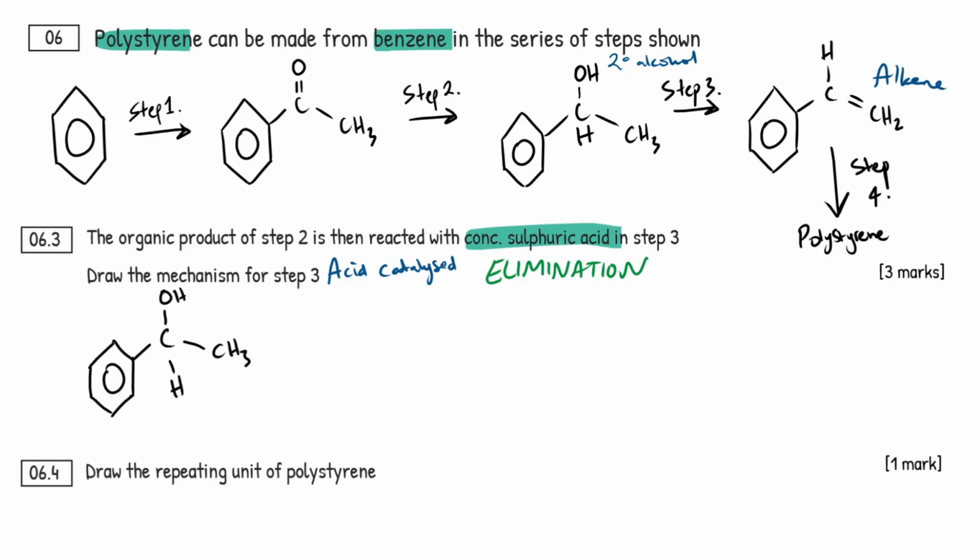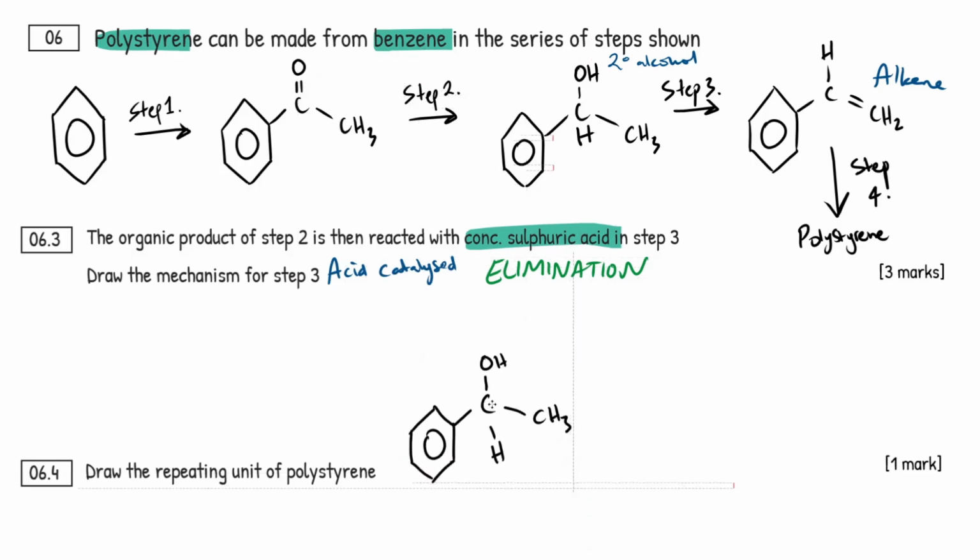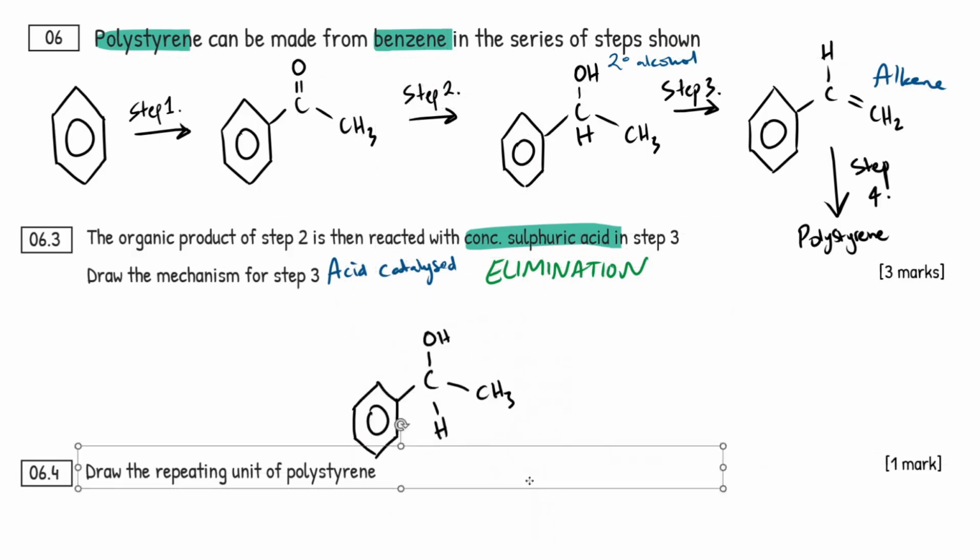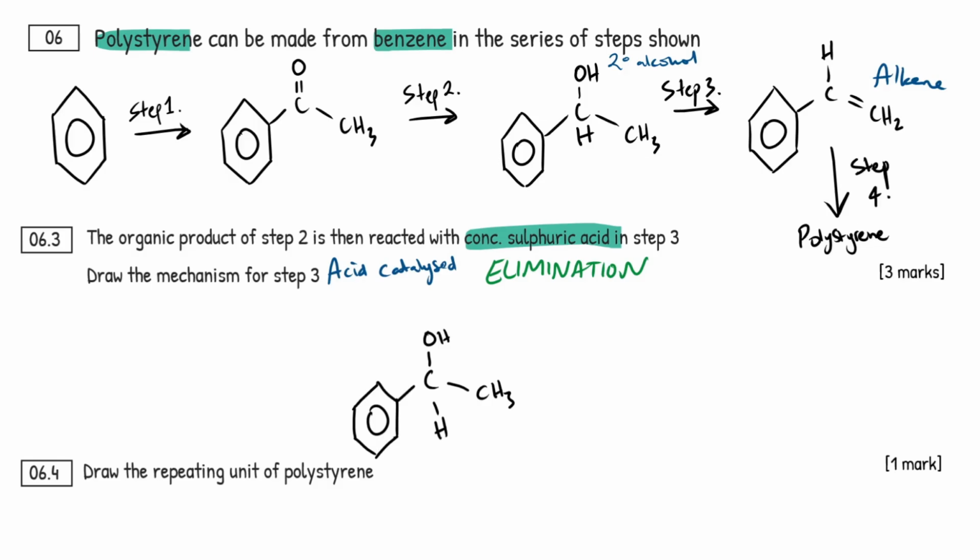So what's going to happen here is we have an oxygen, right? Actually, let me bring this down a little bit because I'm going to run out of space. Let's bring this down here. So what's going to happen here is we're going to have a lone pair on the oxygen, right?